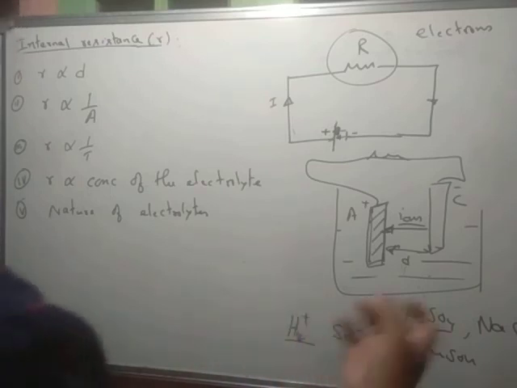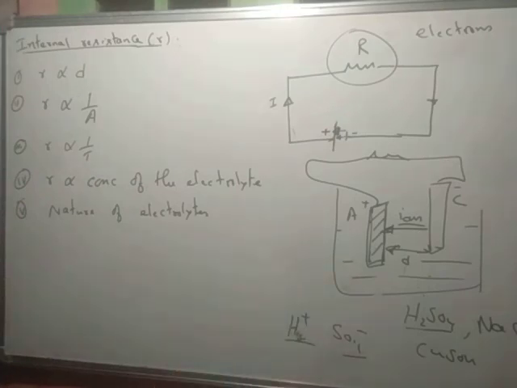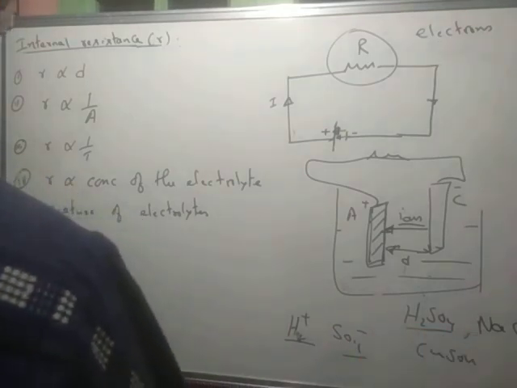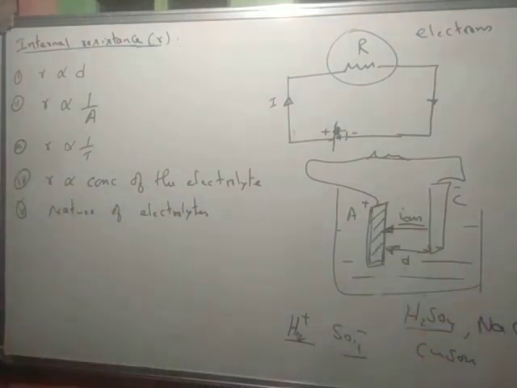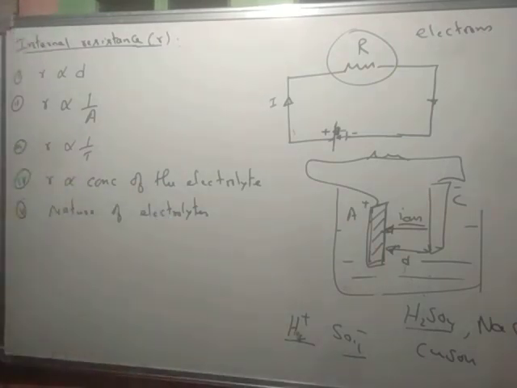Depending upon what type of electrolyte you are using, you will accordingly have the internal resistance. So the internal resistance of H2SO4 is different from the internal resistance of NaCl, and it is different from the internal resistance of CuSO4, and so on. Hence the internal resistance of a cell depends upon the nature of the electrolyte. I hope this is clear to you.